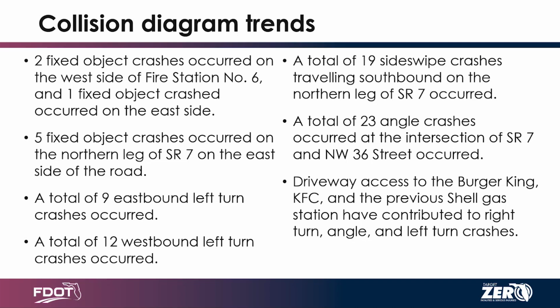A total of 9 eastbound left turn crashes, 12 westbound left turn crashes, a total of 19 sideswipe crashes traveling southbound on the northern leg of SR7, and then a total of 23 angle crashes. And then after everything had been plotted out, it was noted that several driveway accesses, for the Burger King, KFC, and the previous gas station, all had clusters that appeared to contribute to some of these crashes.